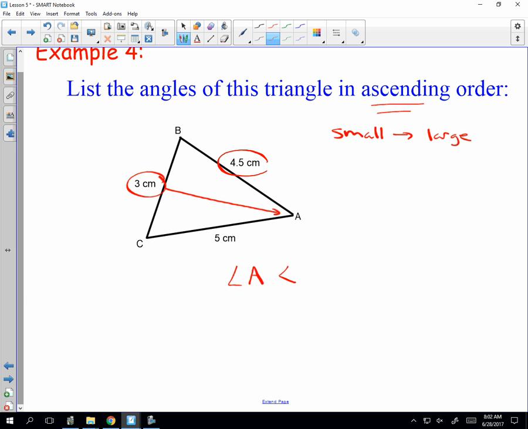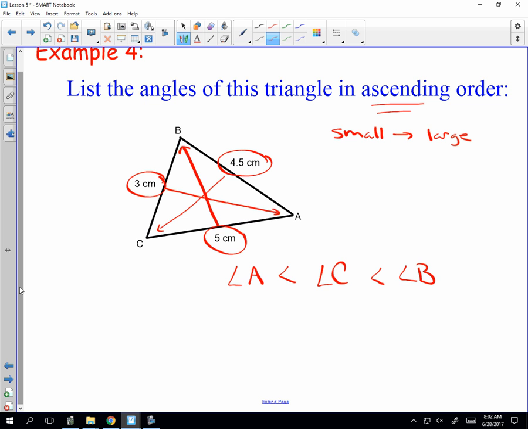And then we go to the next side length. Across from that is our second smallest. Okay, angle C is less than, and then we get to our largest side length, which is across from our largest angle, which is angle B. So now this would be in ascending order.